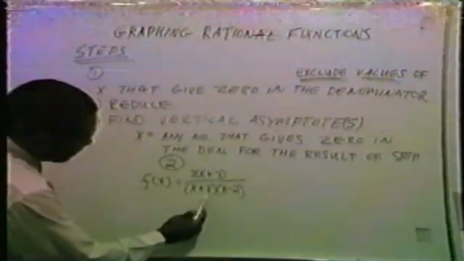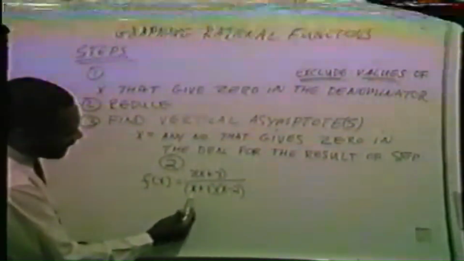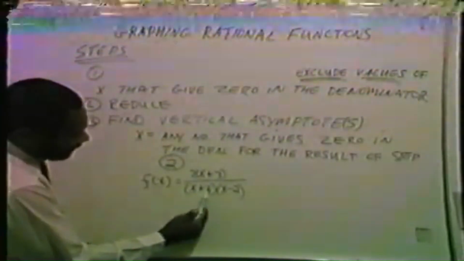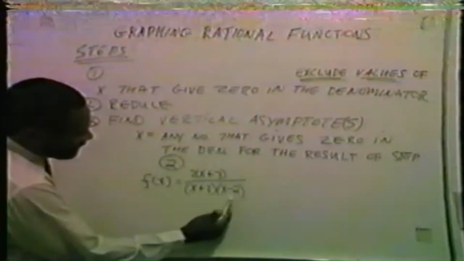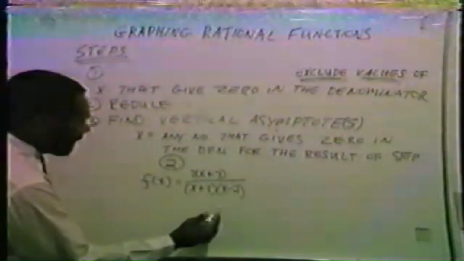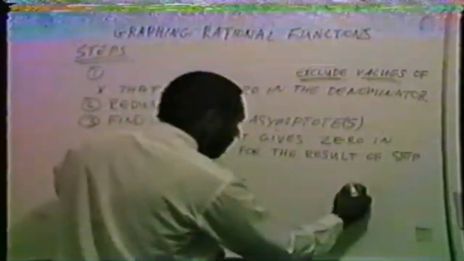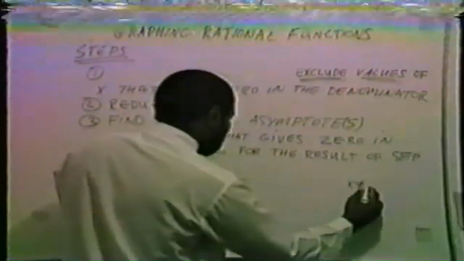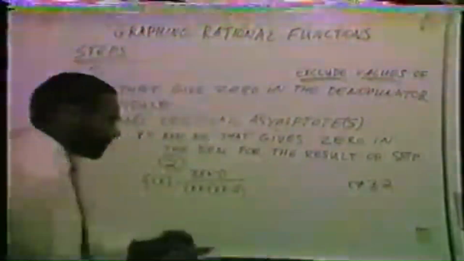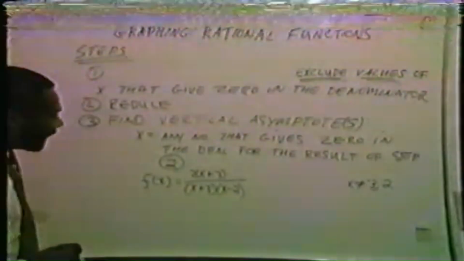If I look at my denominator, I see that x cannot be negative 3, because if I have negative 3 here, I'll get 0 in my denominator, and x cannot be 2, because if I have 2 here, I'll get 0 in my denominator. So those are the values I have to exclude. I have to say that x cannot be negative 3, and x cannot be 2. I have to exclude those two values from my domain.